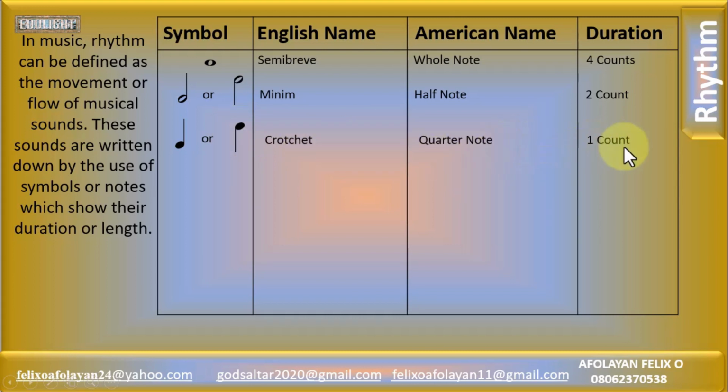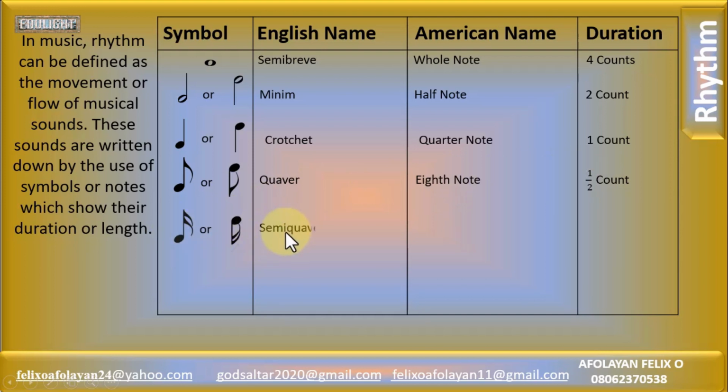Quarter note, one count. This one that has a flag is called quaver. Eighth note, half count. And this other one is semiquaver, sixteenth note, quarter count.